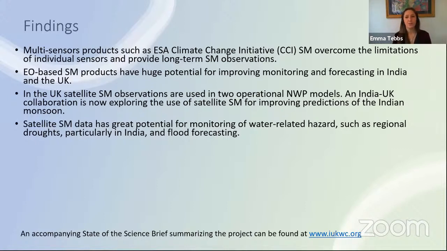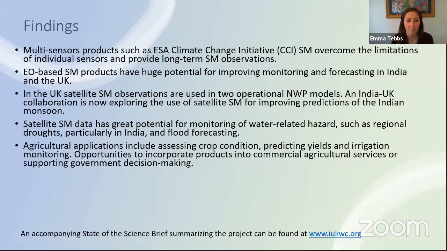Soil moisture data also has potential for improving monitoring of water-related hazards such as droughts, particularly in India, and also flood forecasting. And then potential agricultural applications include use for things like predicting crop yields and also irrigation monitoring. And so there are opportunities to incorporate these products into commercial agricultural services and also for supporting government decision making.